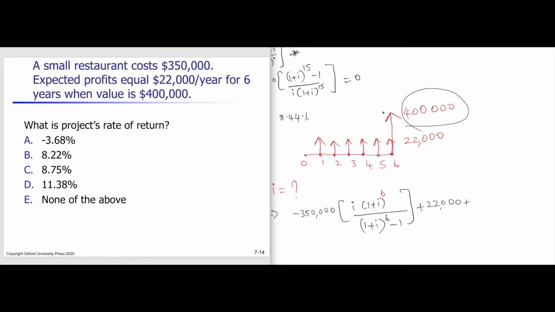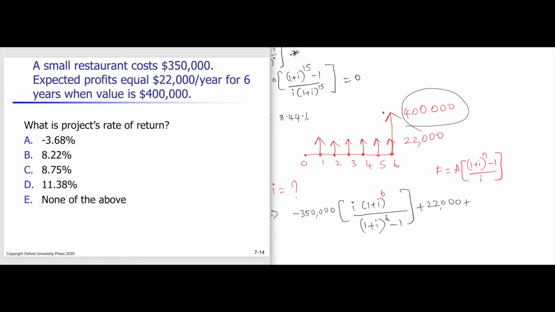The way we calculate is, so let me write that formula.